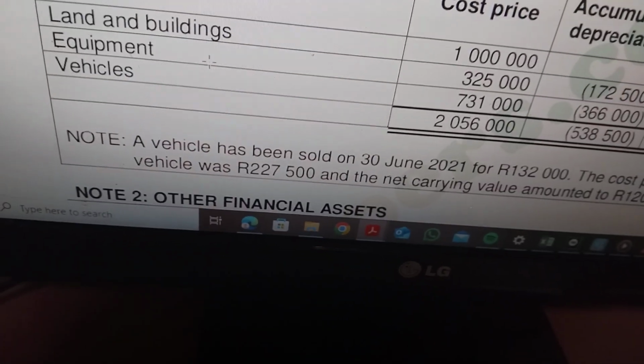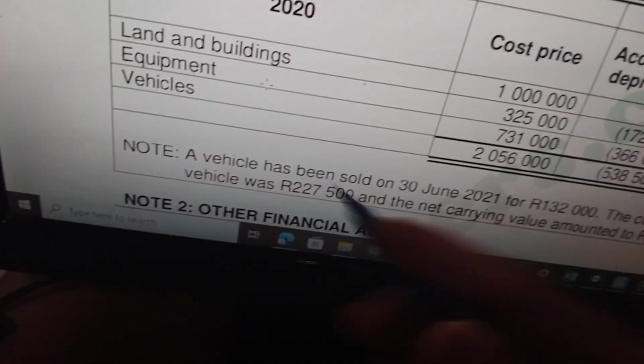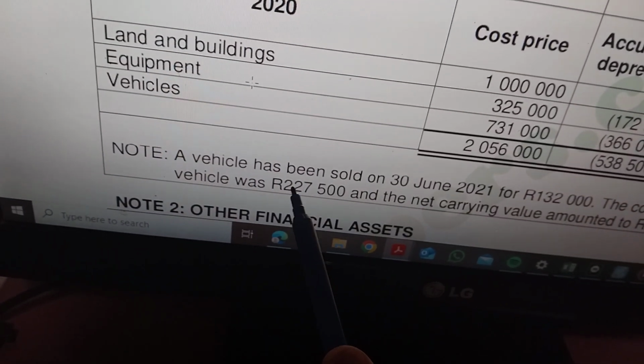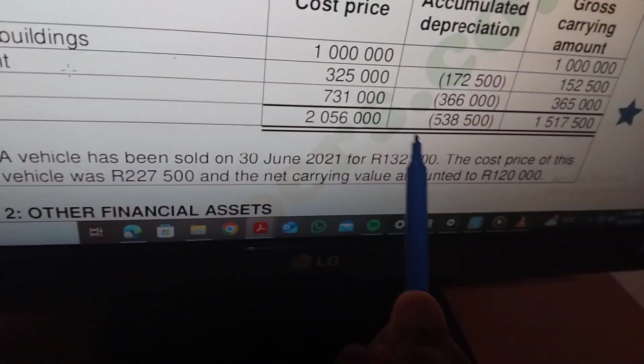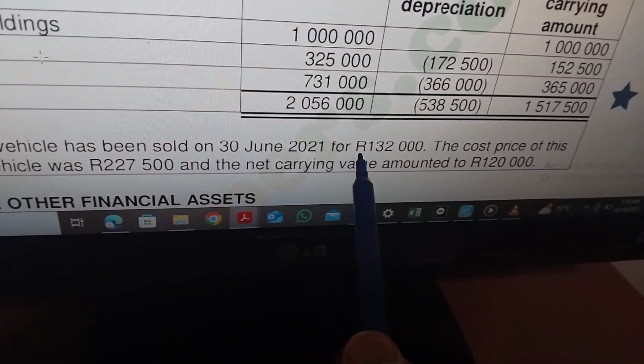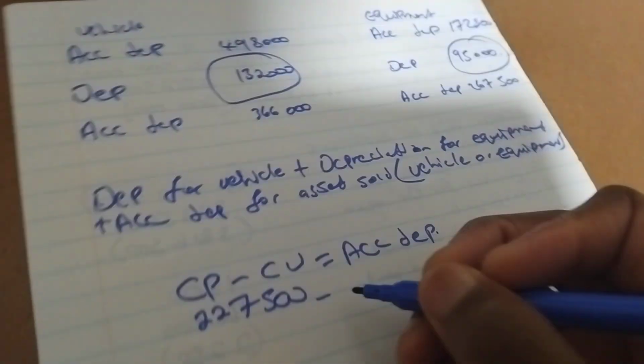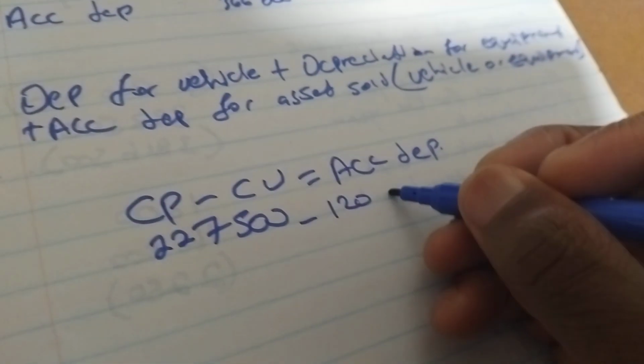The cost price is 227,500. But the cost price of this vehicle was 227,500, and then the net carrying value amounted to 120,000. You're going to say minus 120,000.